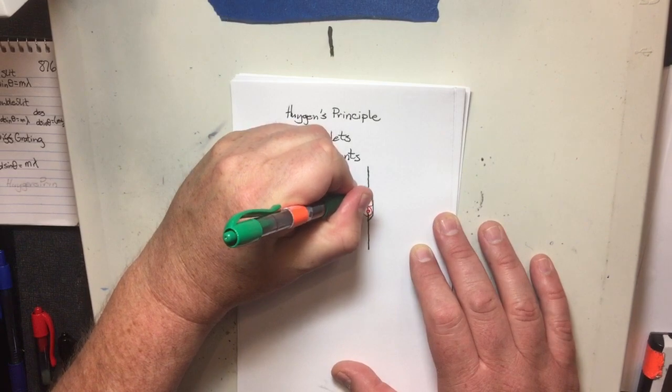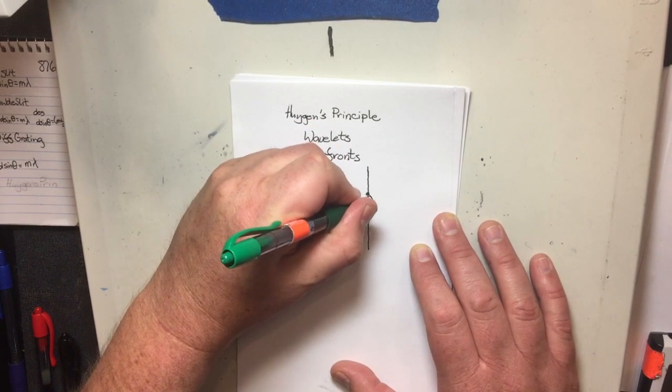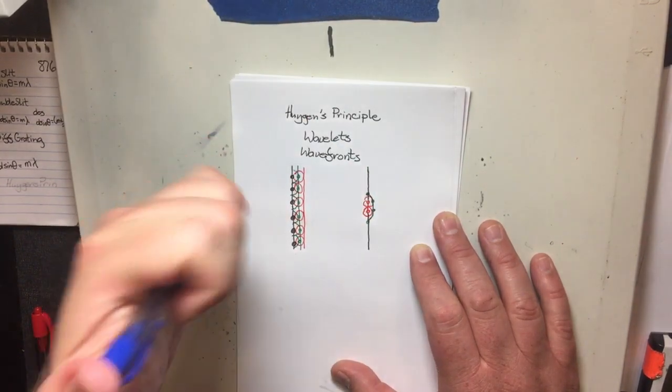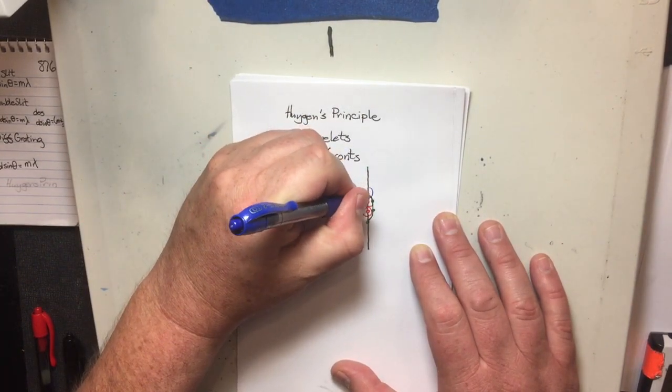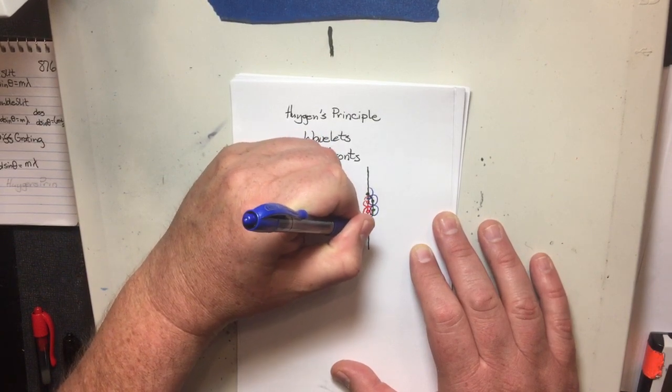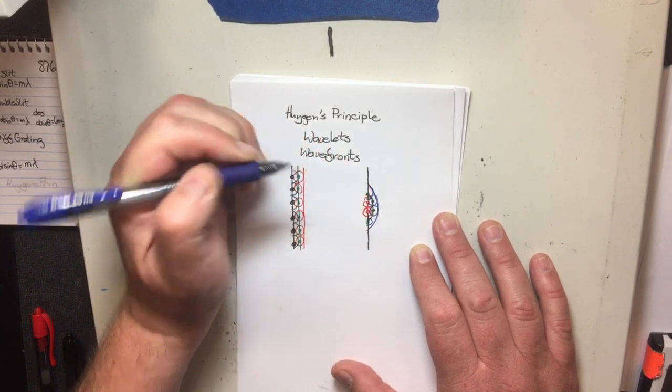And then you draw dots, and then you draw your new circles, and then you draw your new wave front.